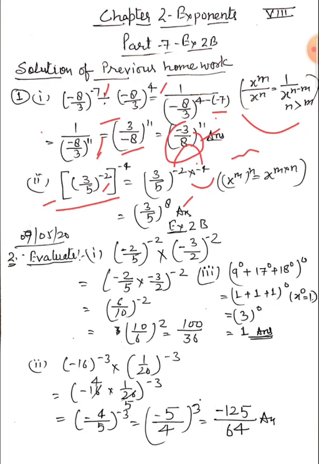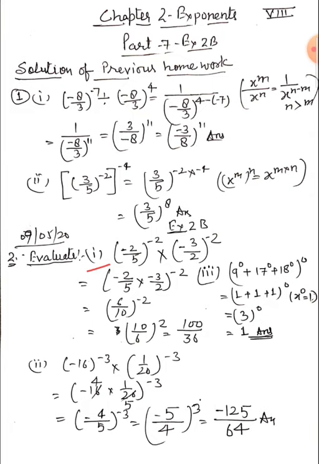Now today's topic. First question is (minus 2 upon 5) raised to the power minus 2 multiplied by (minus 3 upon 2) raised to the power minus 2. See, in the question both powers are the same, minus 2 and minus 2. So we can write it as (minus 2 upon 5 multiplied by minus 3 upon 2) whole power minus 2.